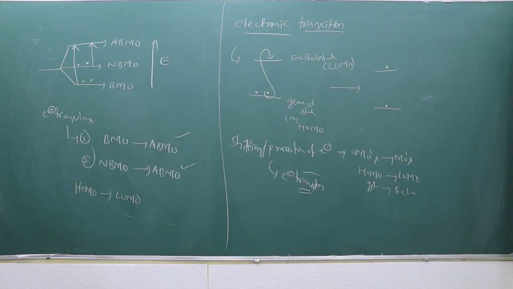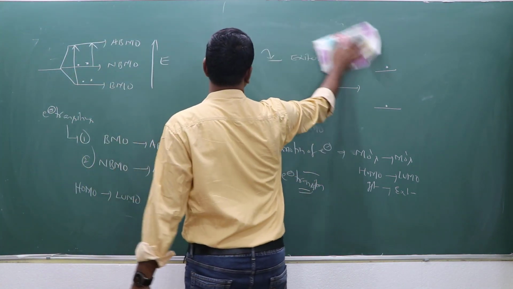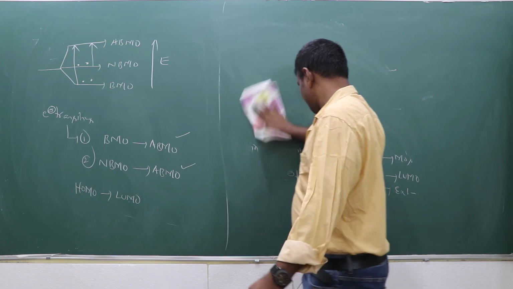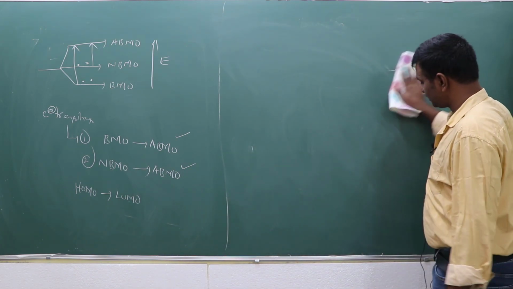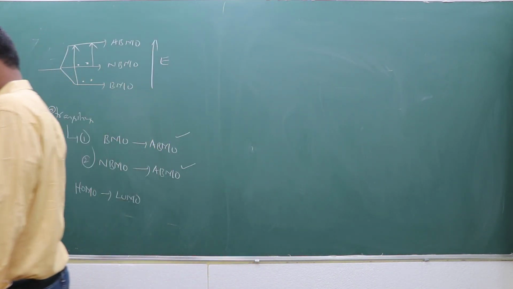Before going to the selection rule in the electronic transitions case, after selection rules only we have seen some of the examples, which one is possible, which one is not possible.